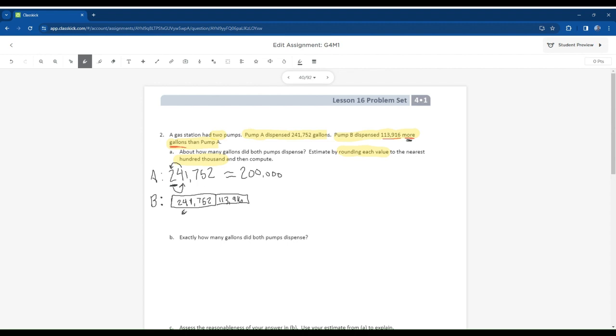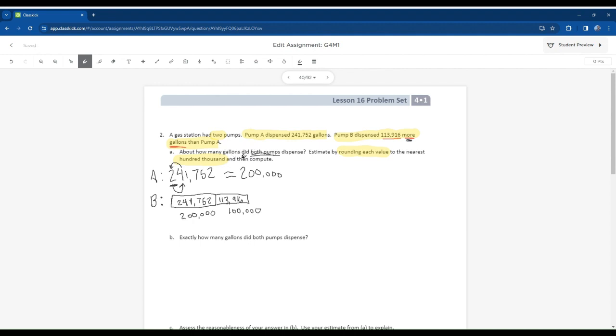So I'll estimate here, which is 200,000, which I already did. This number is really just this number here. And I'll need to round 113,916 to the nearest 100,000, which is 100,000. And it says about how many gallons did both pumps dispense.